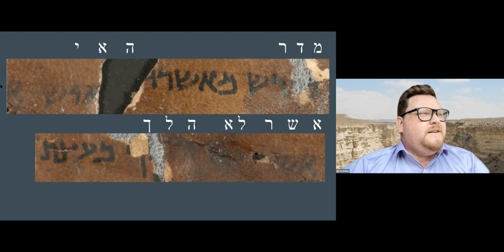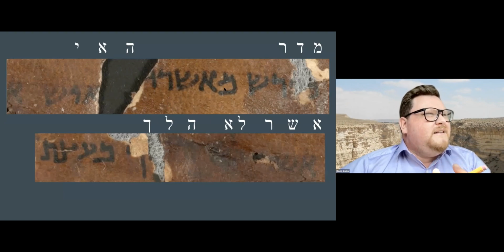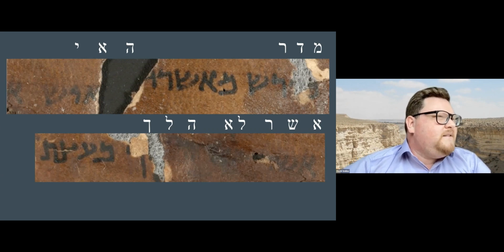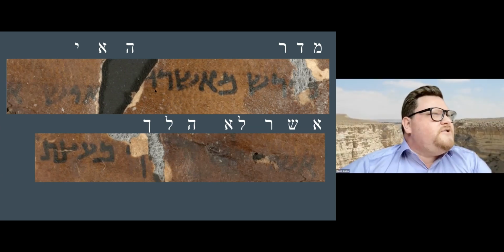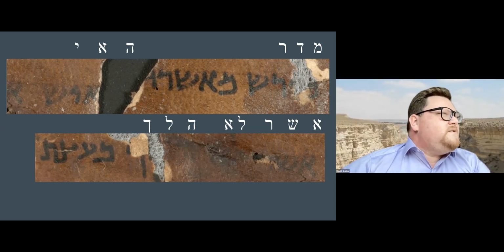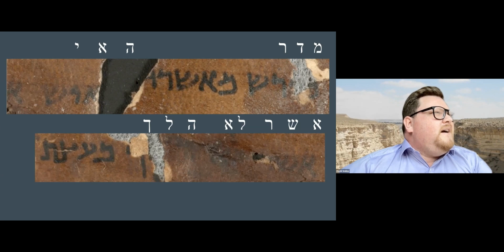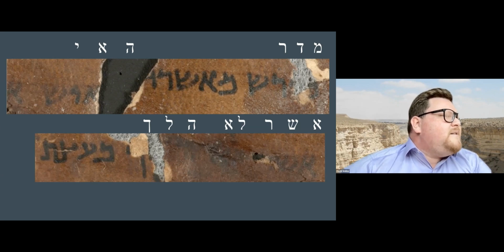So the first word is Midrash, and then Ron correctly identified this is a mem here in front of the Ashrei. But you see the aleph, sheen, resh, and then potentially yod. And then we have a little break here.